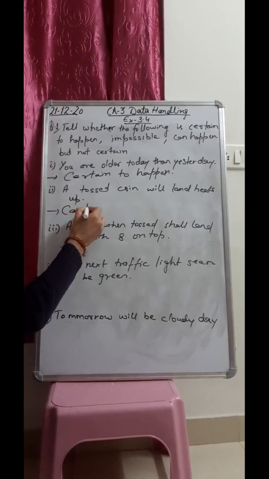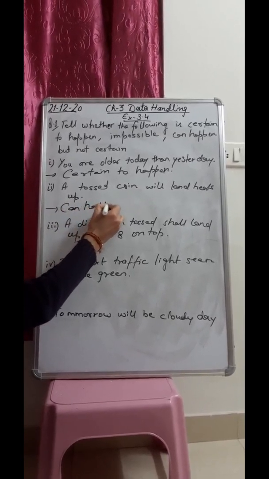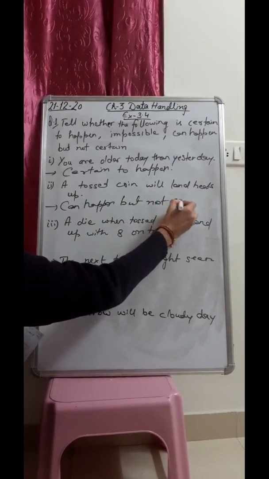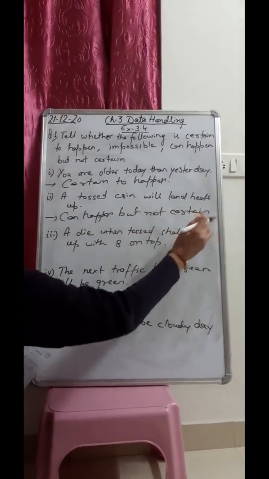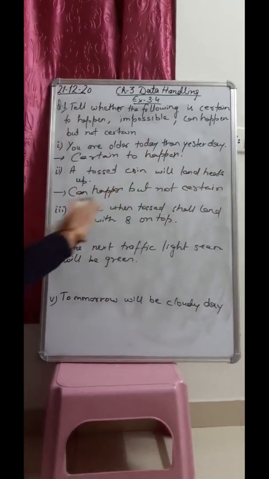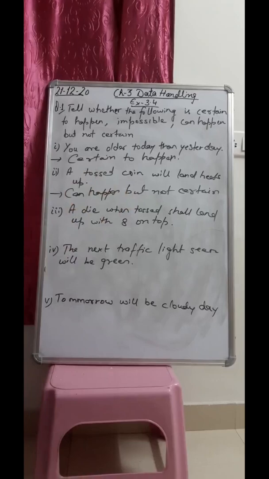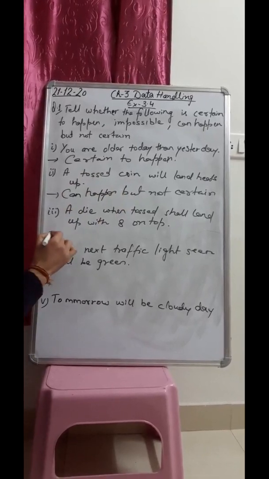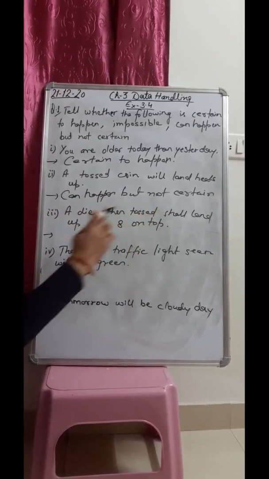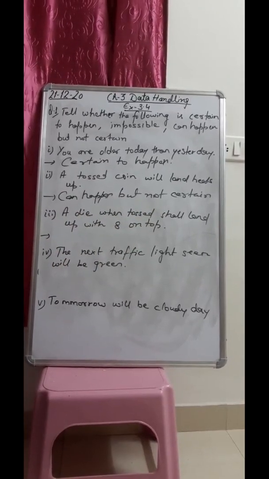Can happen but not certain. Here we are not sure that it will land head or tail. That means it can happen but not certain. Third is, a die when tossed shall land up with 8 on top.